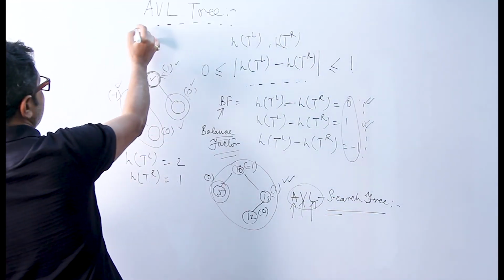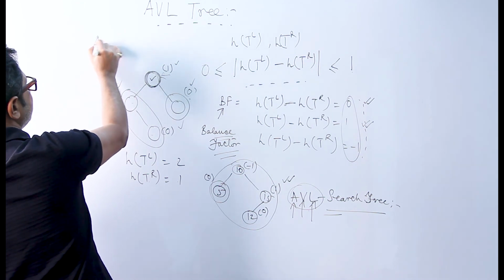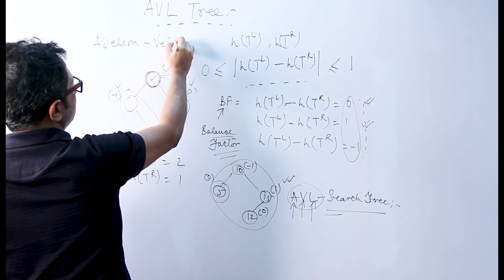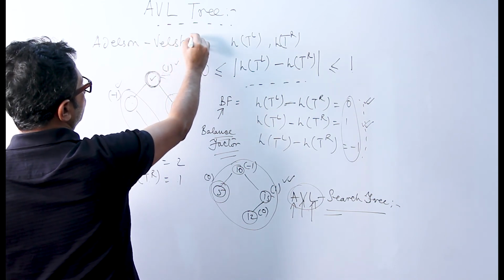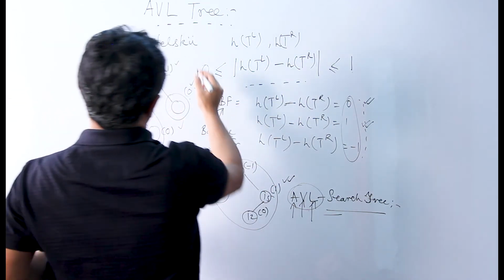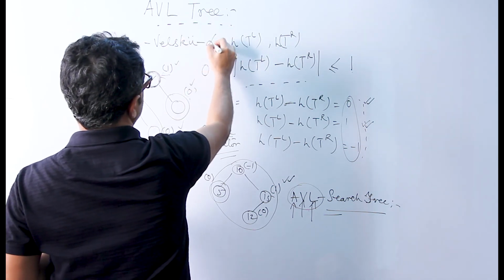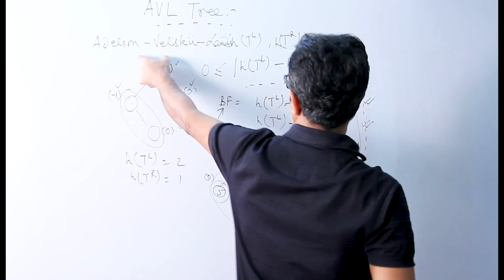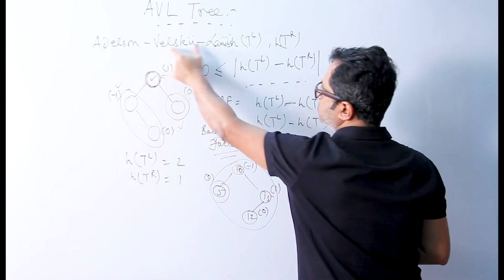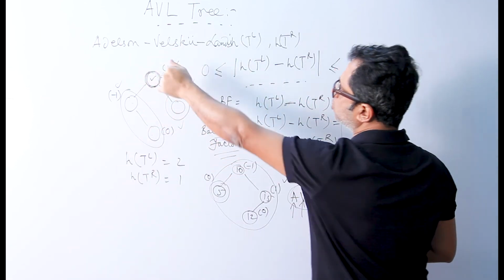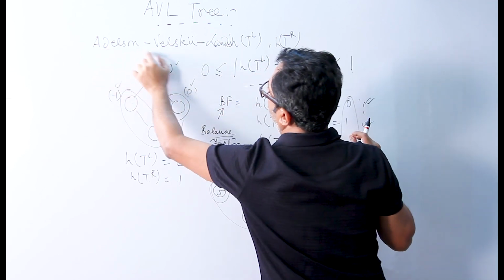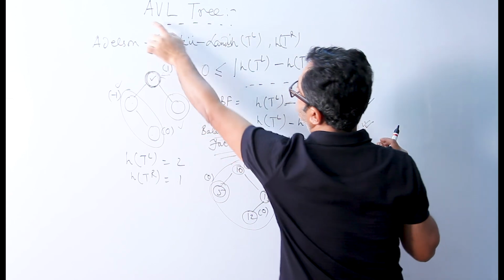A stands for Adelson, V stands for Velsky, and L stands for Landis. So the name comes from the initial letter of each of the scientists' names, that is AVL tree.